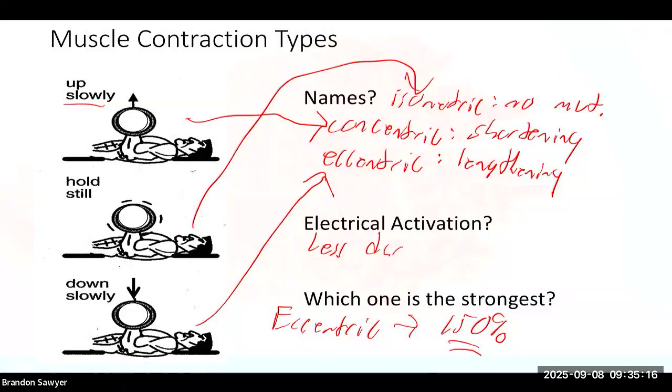And the interesting part is, there's less electrical activity during eccentric. Meaning that if we put an EMG on somebody's muscle when they're doing these three types of contractions, so EMG picks up the level of electric activity in a muscle, we would see the least electrical activation during the eccentric phase.